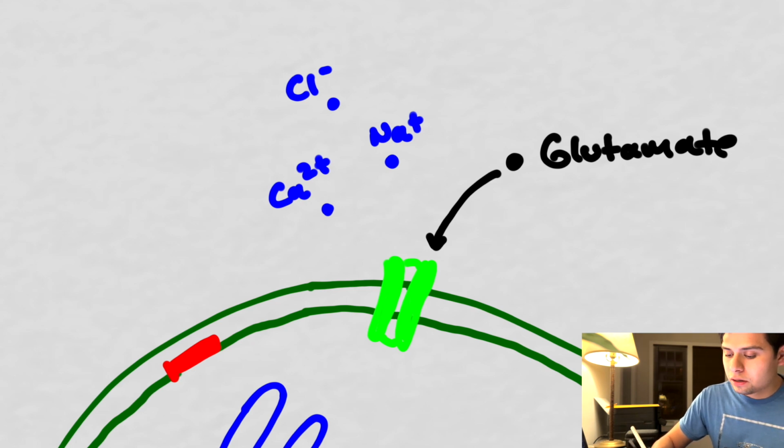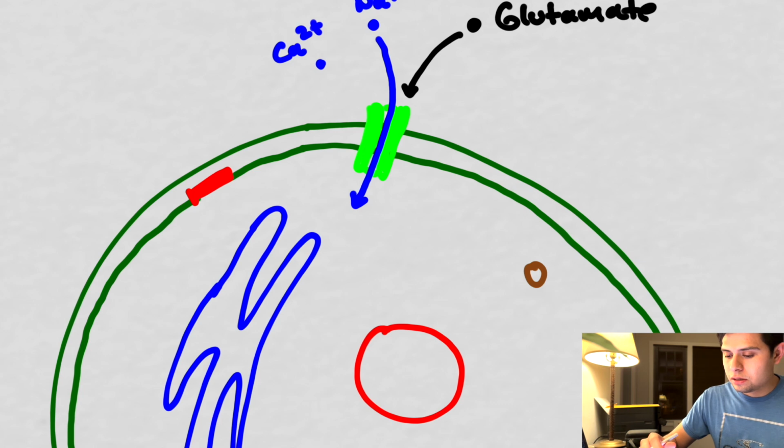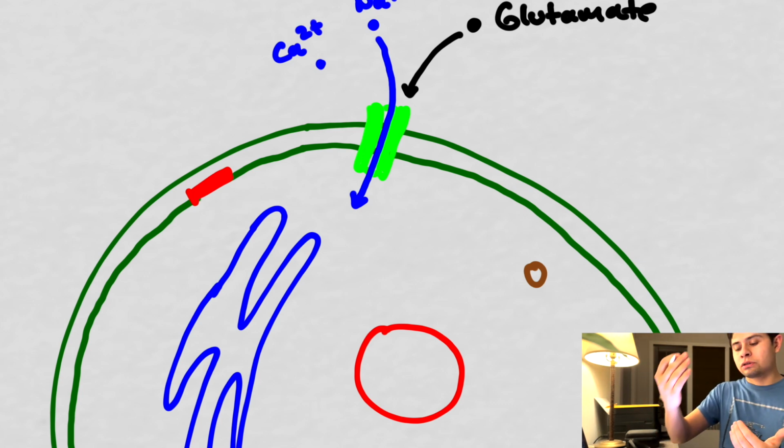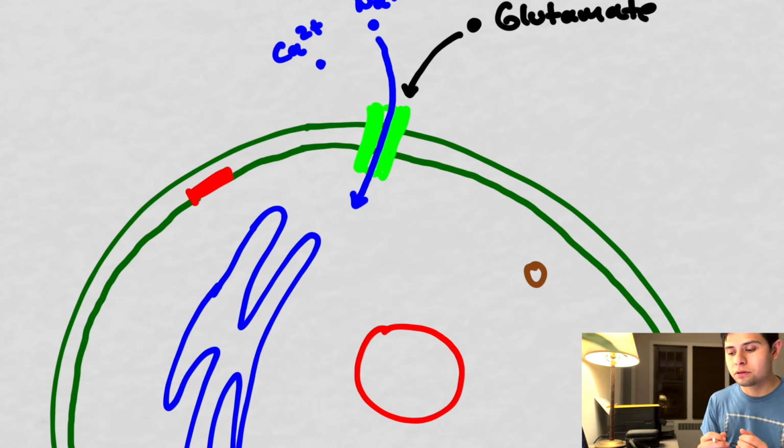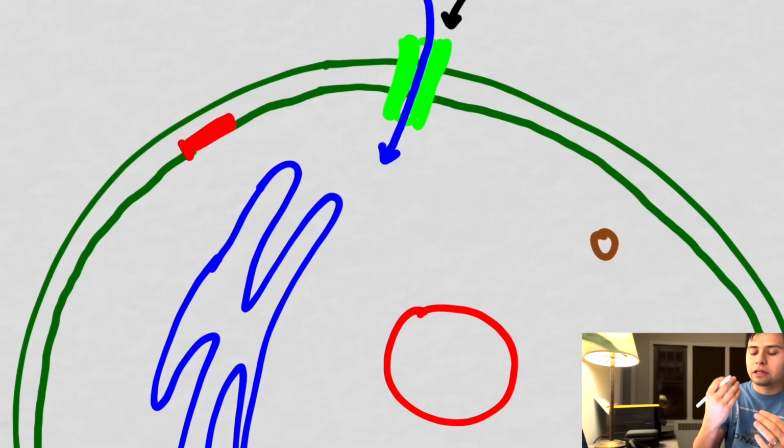Depending on the ion and the receptor, these ions will rush through the receptors when the glutamate binds. That's key, right? Because if there's no glutamate, there's no rushing of ions into the cell. So you have this rushing into the cell, and then those ions start something in the cell.